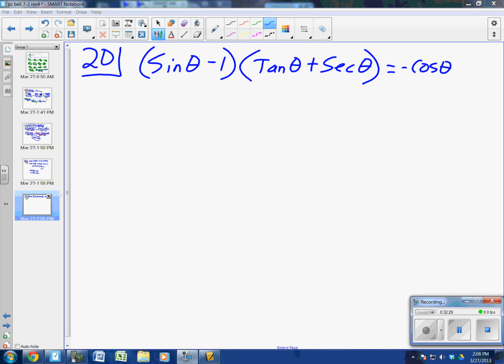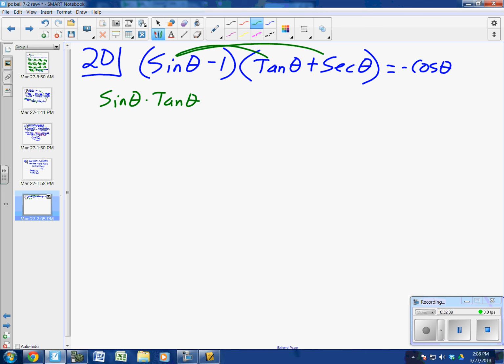So, right here, you guys, we're going to go sine times tangent, and sine times secant, and negative 1 times tangent, and negative 1 times secant.